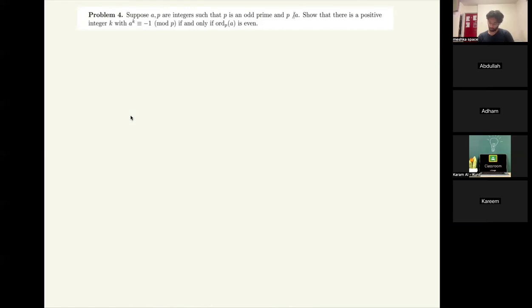We want to show that there exists k such that a to the k is congruent to -1 mod p. So what it means is that -1 is a power of a if and only if the order is even.